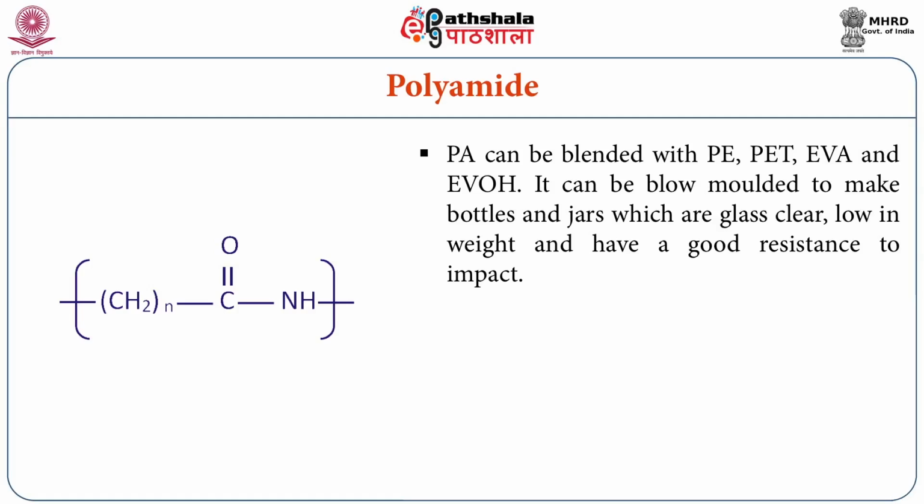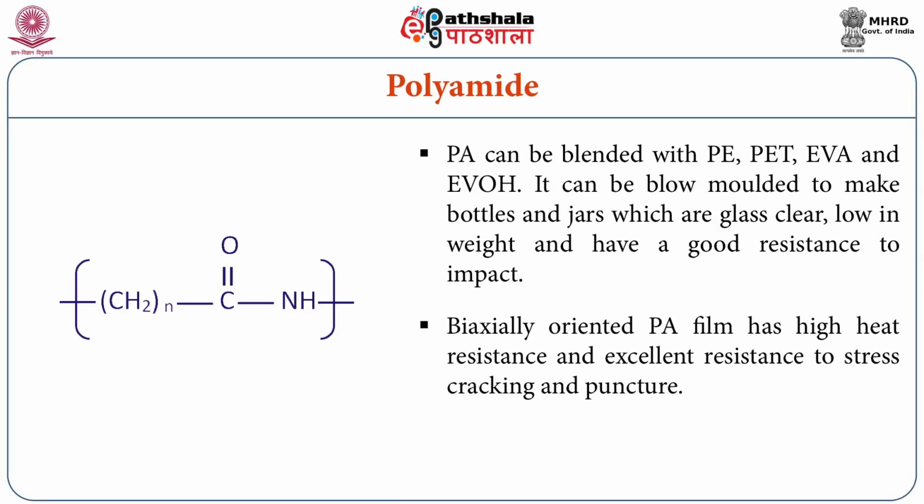It can be blow molded to make bottles and jars which are glass clear, low in weight and have a good resistance to impact. Biaxially oriented polyamide film has high heat resistance and excellent resistance to stress cracking and puncture.